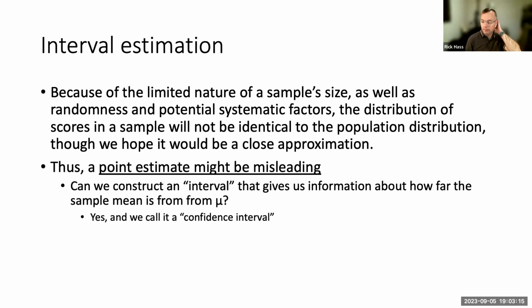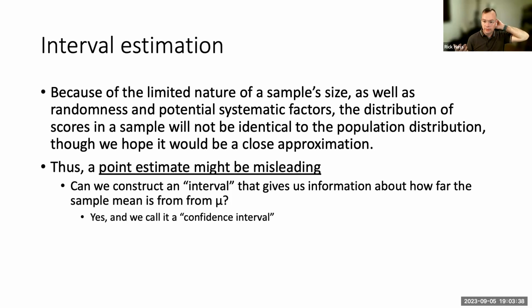So interval estimation is the goal of that. And because of the limited nature of a sample's size, as well as all the randomness that can happen, even with a large sample, there are different things that occur.